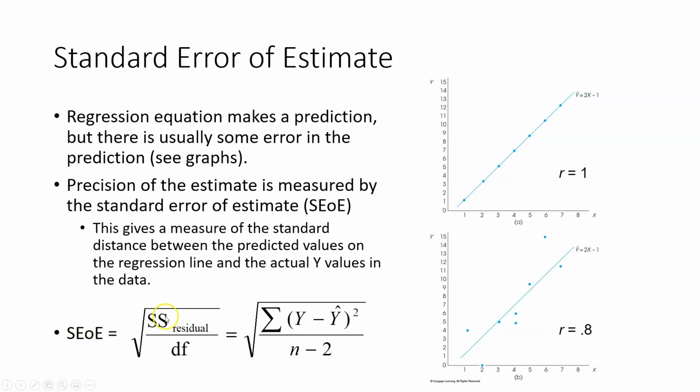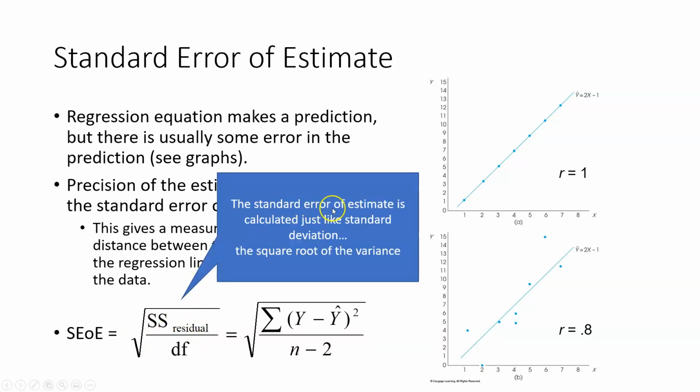So that is the sum of squares residual divided by the degrees of freedom. What is that? You take the square root of that. Why is it the square root of SS over DF? Because, as you recall, the standard error of estimate is calculated very similarly to the standard deviation, the square root of the variance, the square root of SS over DF.